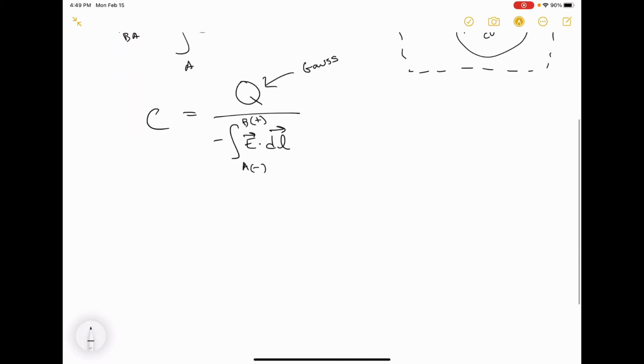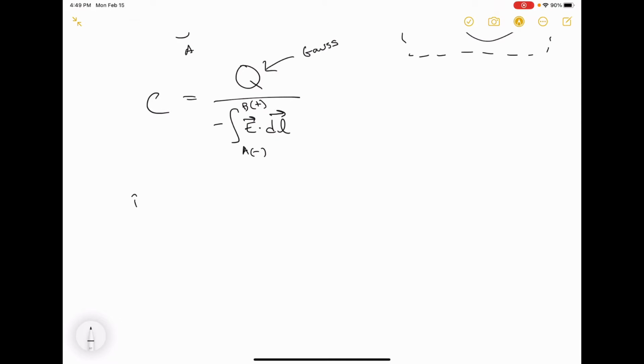So the steps that we would go through to do this would be, first, we would assume some surface charge density. And then we would find our electric flux density, usually using Gauss's law.